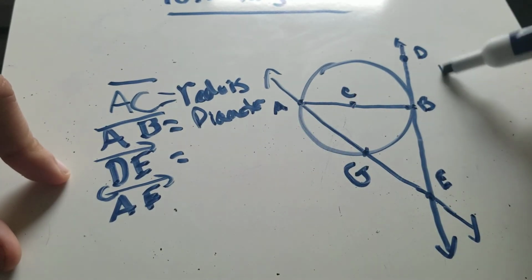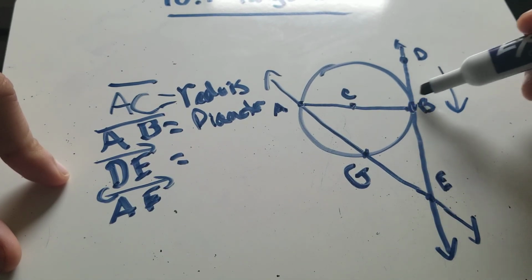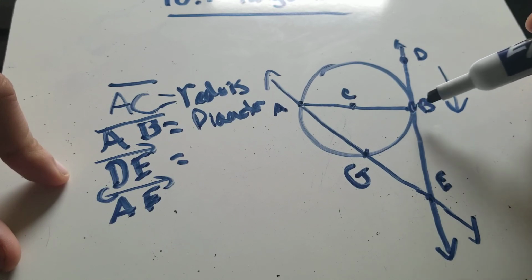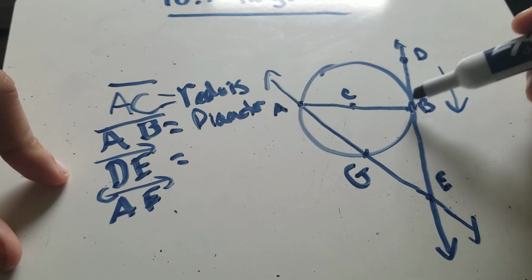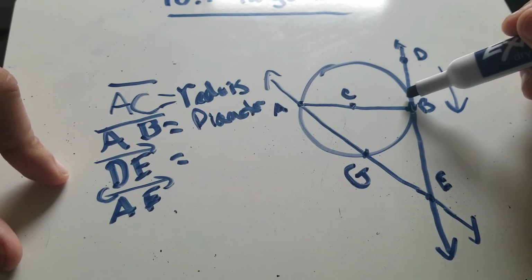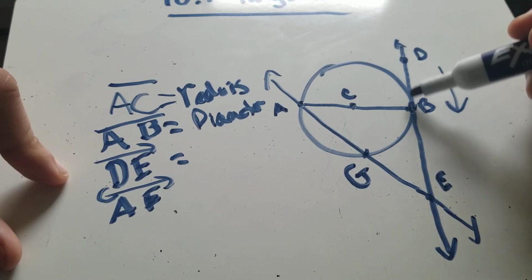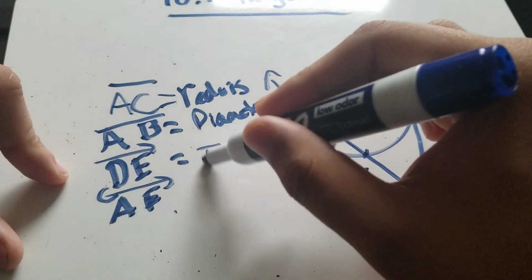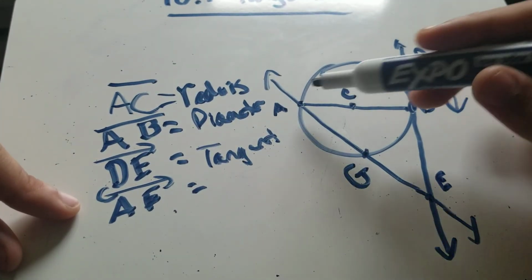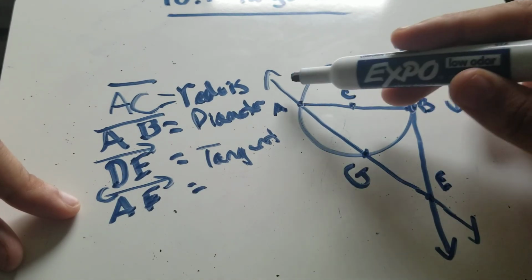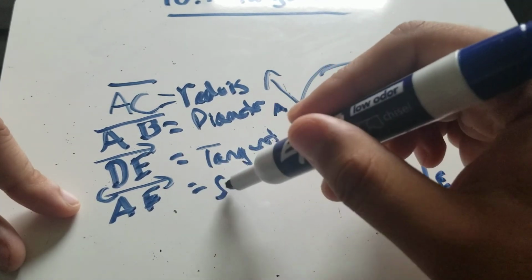Ray DE, going this way, scrapes the circle only once, exactly at B. If it's drawn to show that it scrapes the circle once, you're going to assume it scrapes the circle once. So D to E only hits the circle once on the outside, so that would be a tangent. And then AE. AE is a line that goes from the outside to the inside to the outside again. So that's a secant.